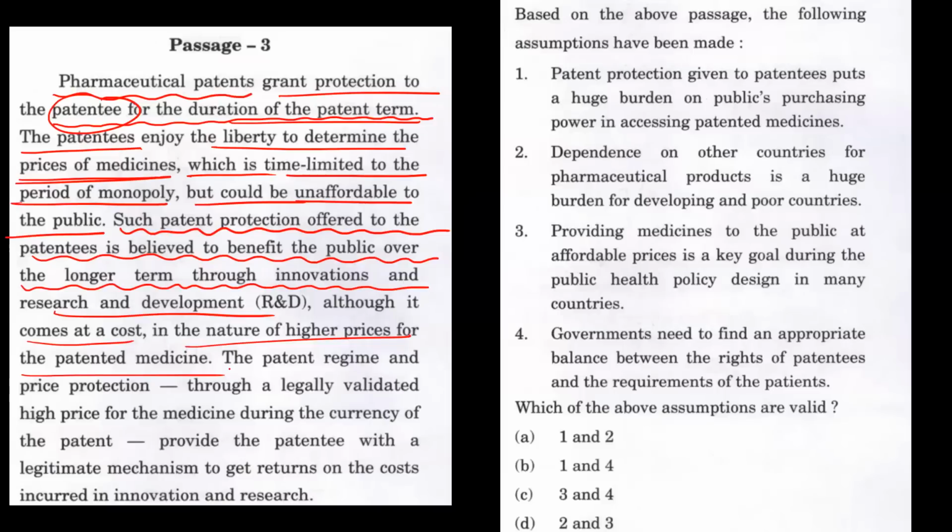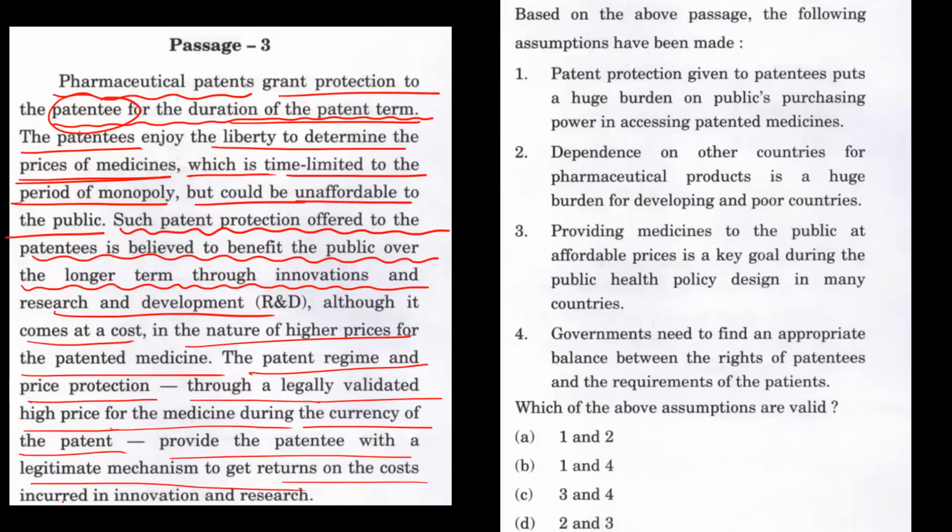The patent regime and the price protection through a legally validated high price for medicine during the currency of the patent provide the patentee with a legitimate mechanism to get a return on the cost incurred in innovation research.